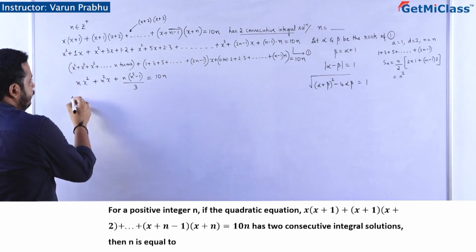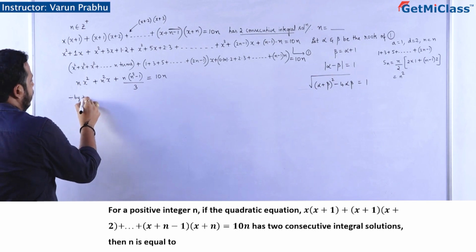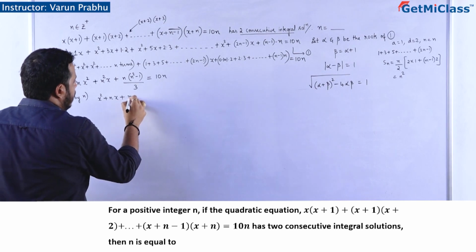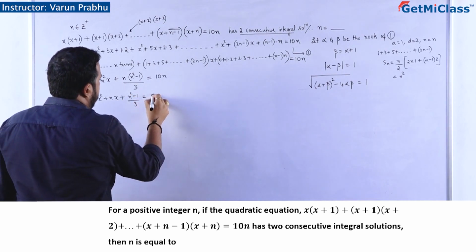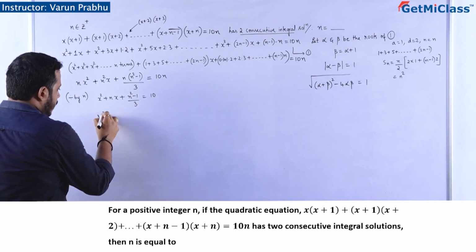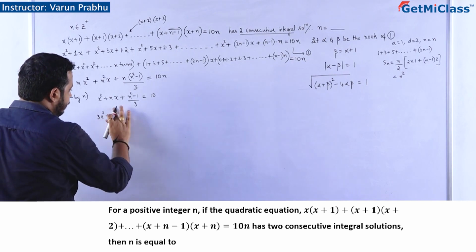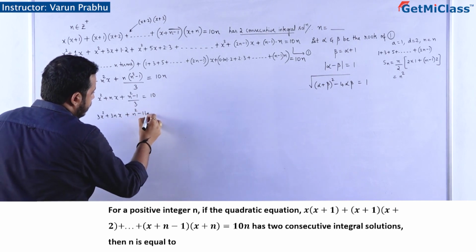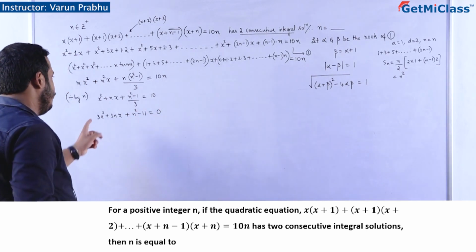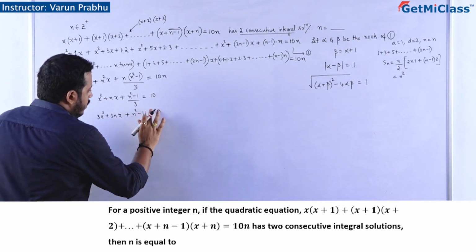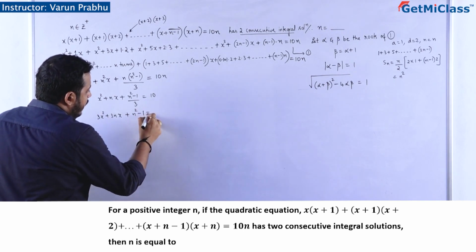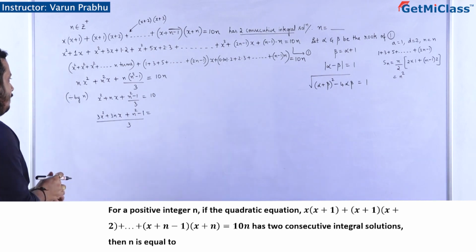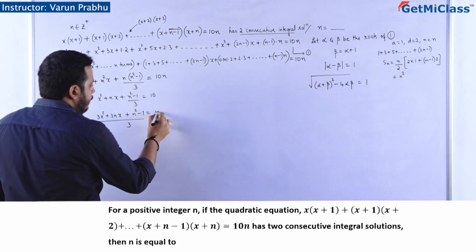So we can easily divide by n, and I'll be left with x square plus nx plus n square minus 1 divided by 3 is equal to 10.